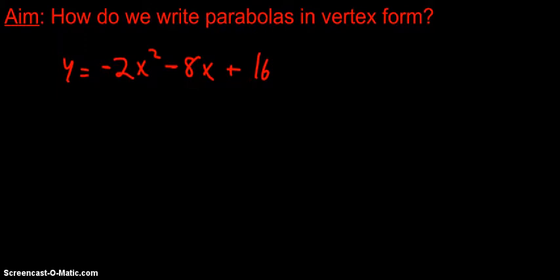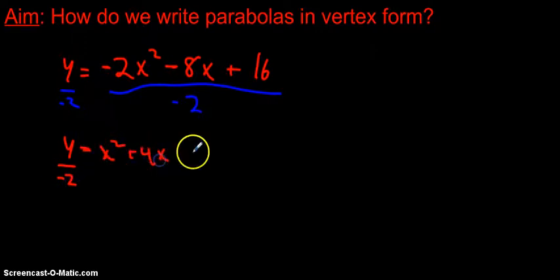Firstly, the easiest thing to do is to remove this negative 2 here. In order to do that, we have to divide everything by negative 2. And that will give us y over negative 2 is equal to x squared plus 4x minus 8.